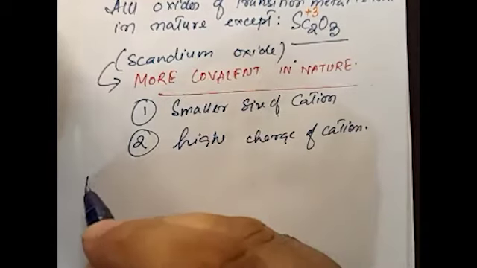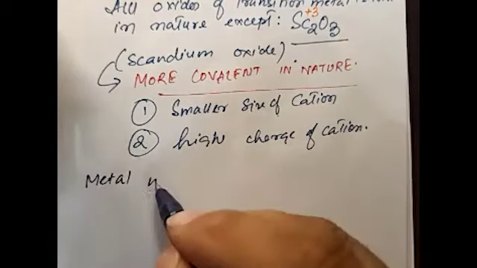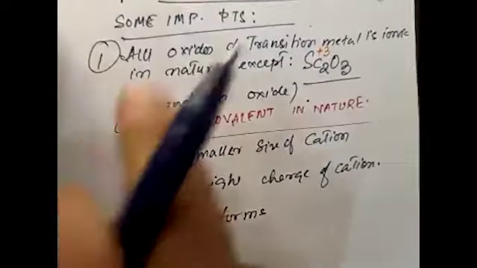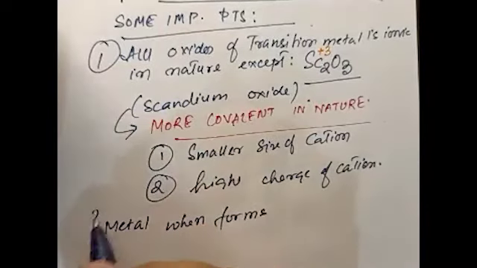When any metal forms an oxide, this is a very important point. This is number 1, and this is number 2.